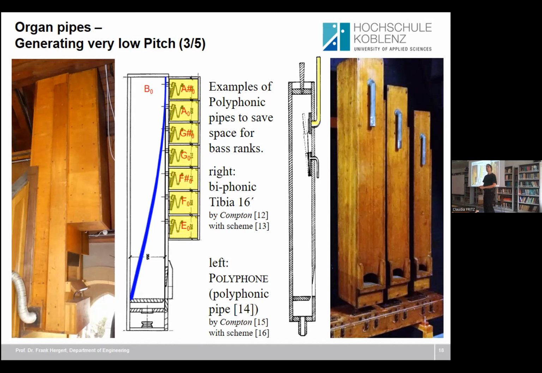And when you do this, the pitch goes down, down, down, down. So you have 8 semitones, if I'm correct, 8 semitones at 1 pipe. So you can play between B0 and E0. And for the last semitones, you would need other pipes. But at least instead of 7 or 8 pipes, you have only 1.